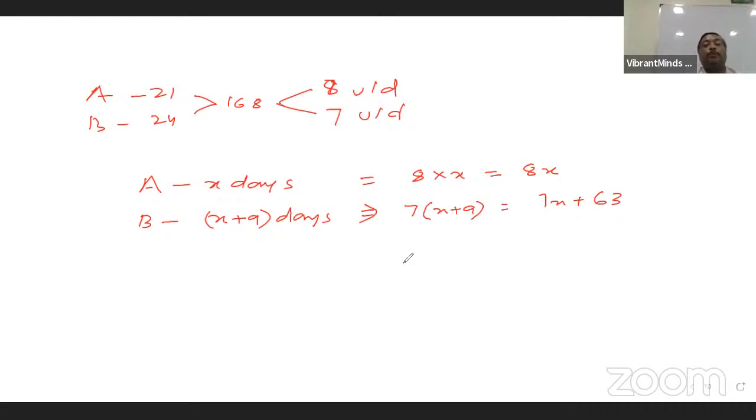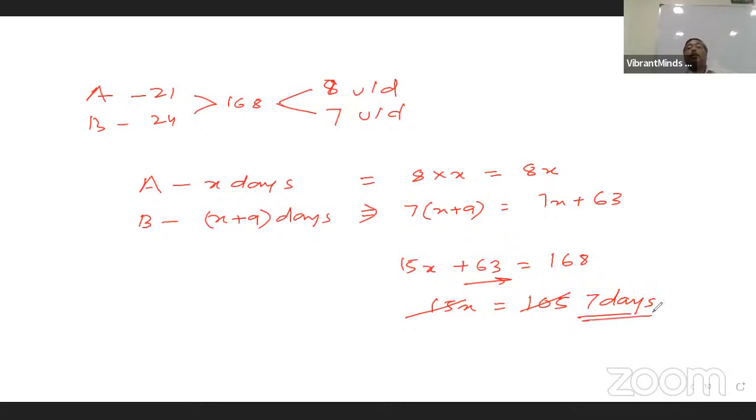Now sum total: 15X plus 63 is equal to 168. So 15X is equal to 105. X is equal to how many days? You can do it like this also. Is it clear? Go ahead with the next question.